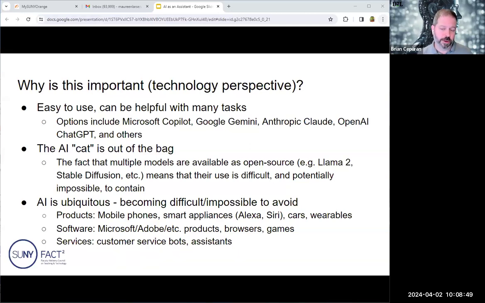Which leads me to the third bullet point here, that AI is becoming ubiquitous. It's becoming more and more difficult, and soon will be impossible, to avoid. We think about the different products it's being integrated into: our mobile phones, our smart appliances. Alexa and Siri were early entrants into that market, and those types of things will only get better and more available.